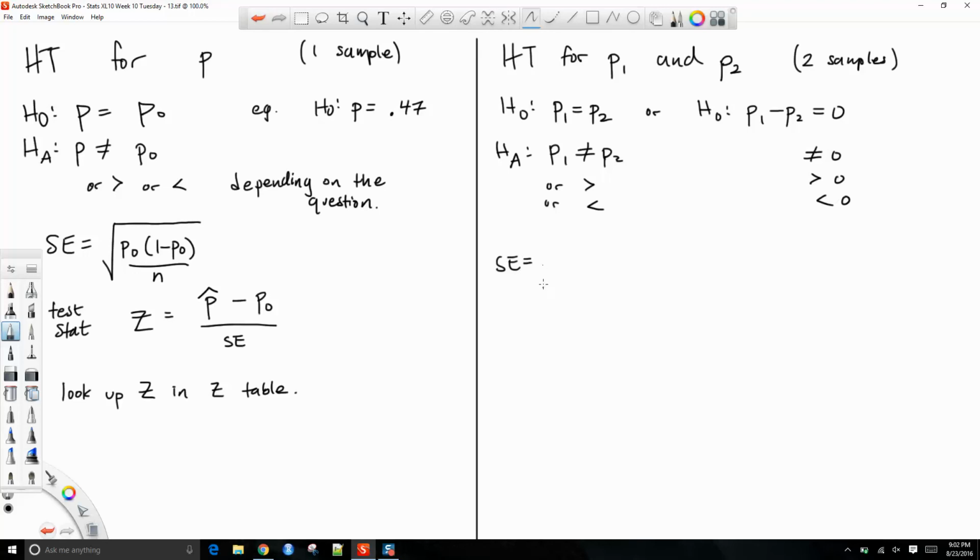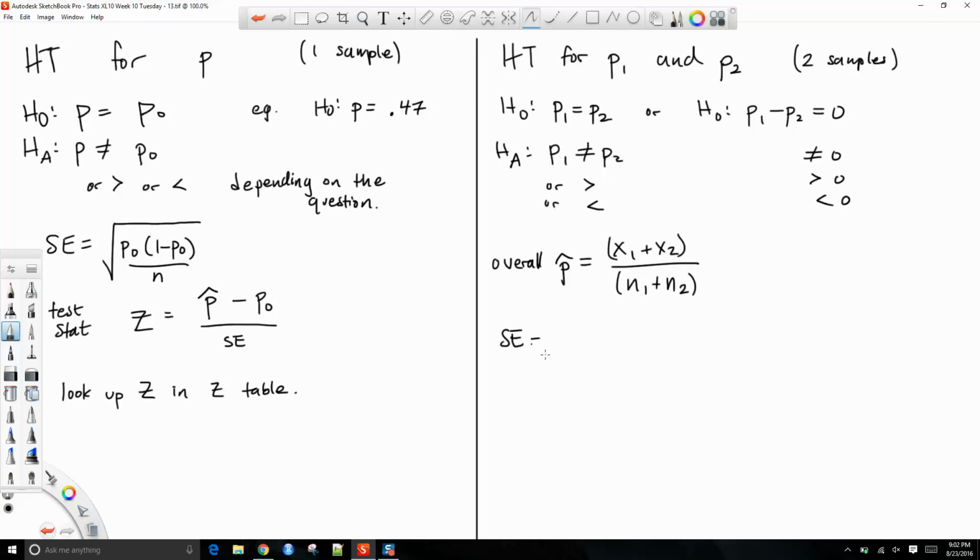Standard error, oh, before we do the standard error, we need to find overall P hat, which is going to be x1 plus x2 over n1 plus n2.